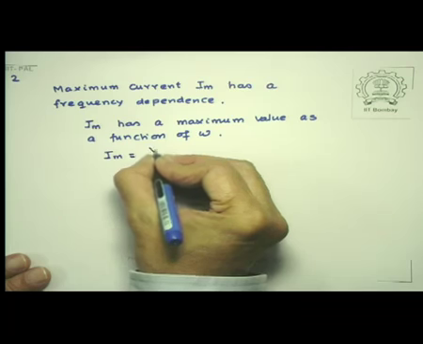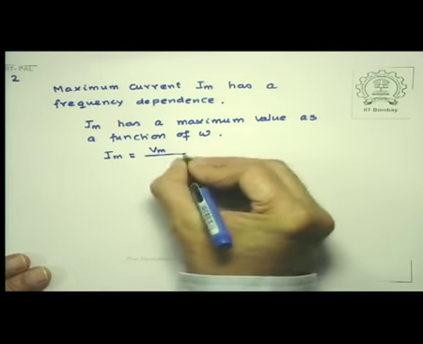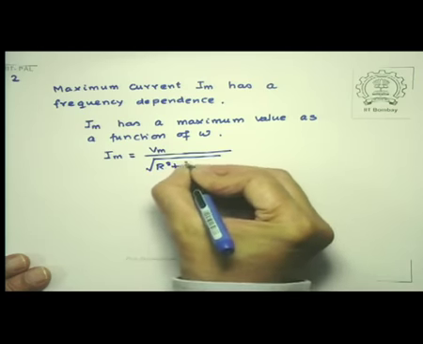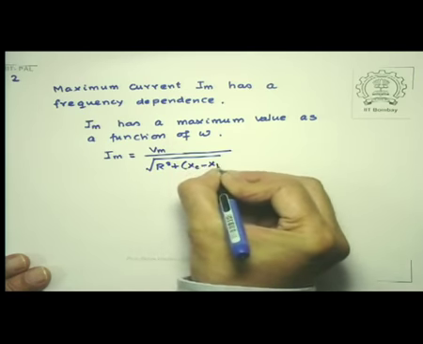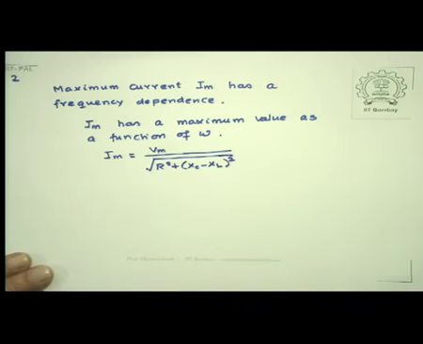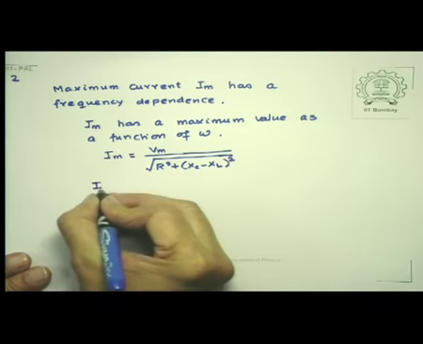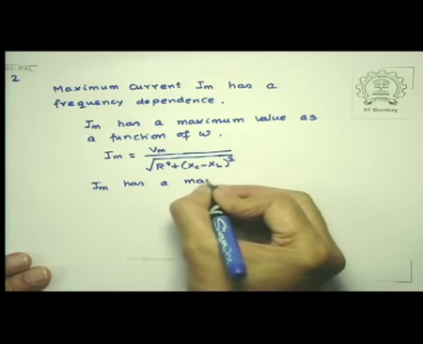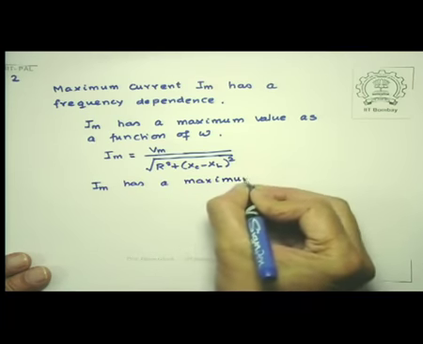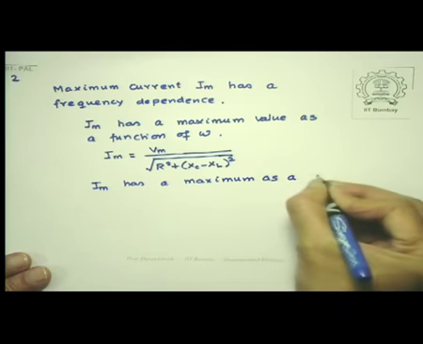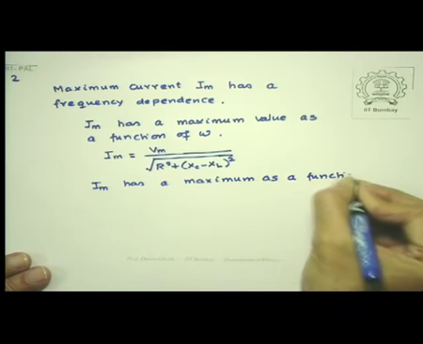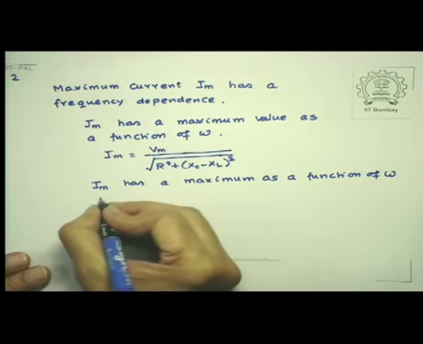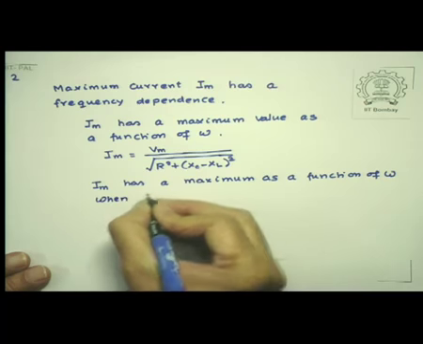So, and that happens, so let me write down again the expression for Im. So Im was Vm divided by Z, which is square root of R square plus Xc minus XL whole square. So Im has a maximum as a function of omega when Xc becomes equal to XL.